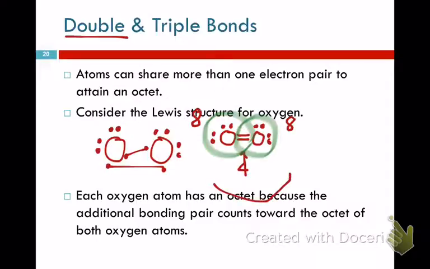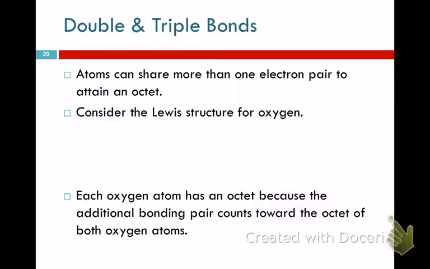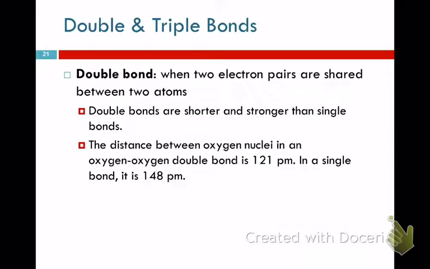All right. So double bonds when 2 pairs of electrons are shared. When you get 3 pairs of electrons shared, what do you think we call it? Triple bond, right?